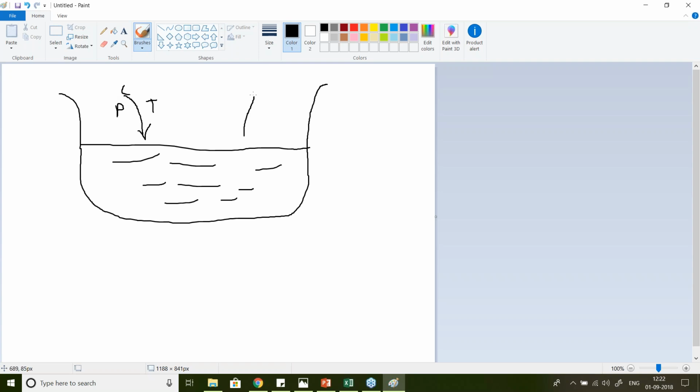And at the same pressure and temperature, there is a rate at which the water is getting evaporated. So if I know how much volume is here, the rate of condensation and the rate of evaporation, can you tell me how much time it will take for this volume to evaporate?